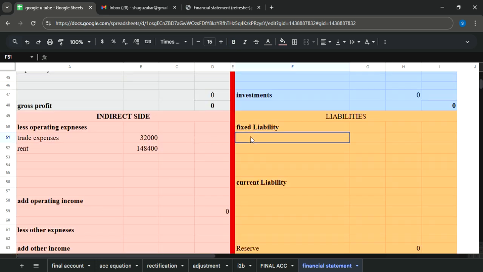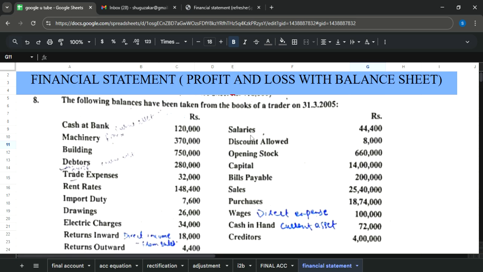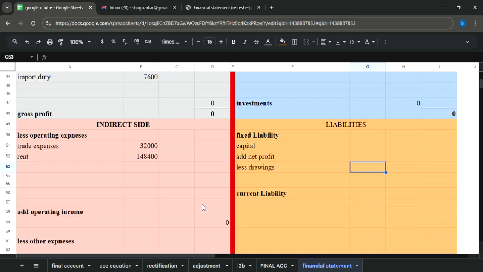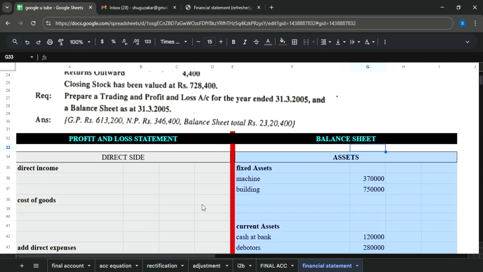Here you will mention your capital with add net profit, after which you will subtract drawings, and here drawings are given. Amount of drawings is 26,000, so you will mention 26,000 in first column.